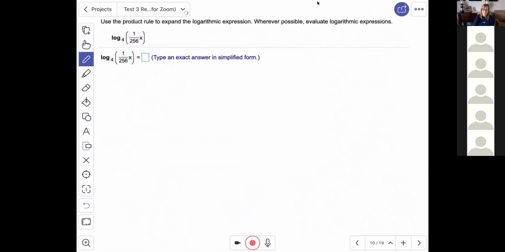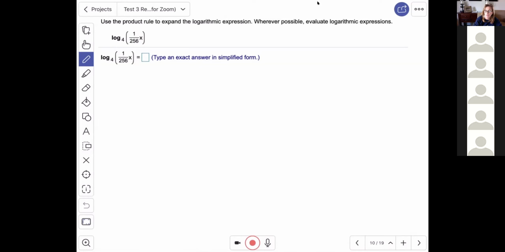Let's see. It's this one. Okay, this is wanting you to expand the log. So the next few problems are expand the log, and then they're going to turn around and ask you to condense it into one. So for this one, I wanted to include it because if you were working one like this, before I even started to expand it, I would go ahead and multiply the 1/256 times x.